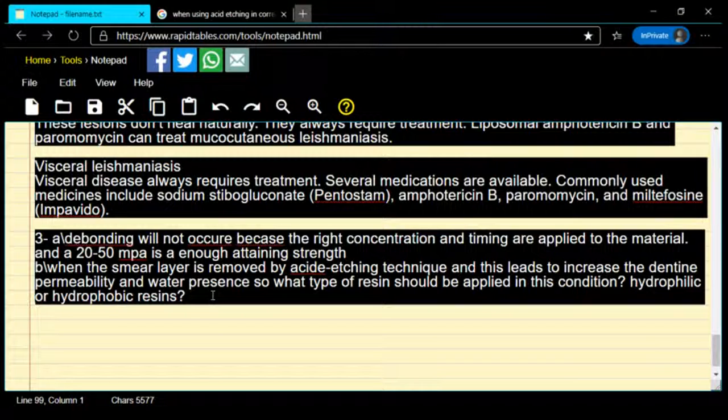On using the smear layer removed by acid etching technique, this leads to increased dentine permeability and water presence.